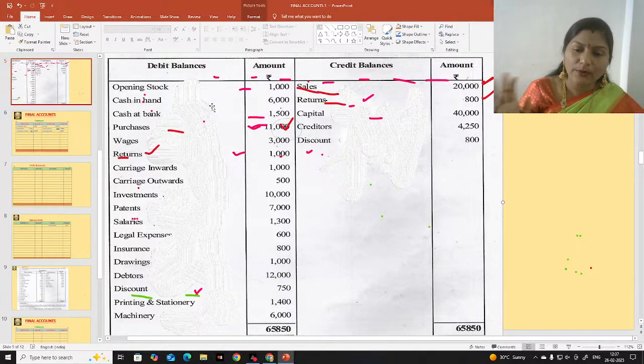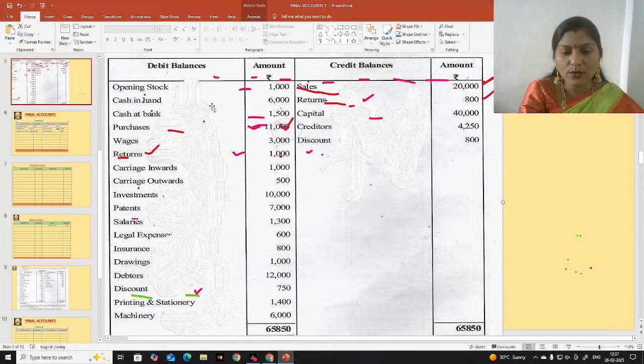After recording two items on the debit side and two items on the credit side, we are going to follow the question from the beginning, and each item we will record in the final accounts wherever it actually appears. The first item, opening stock, we already recorded.